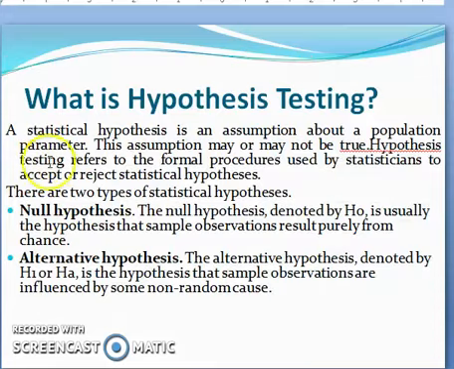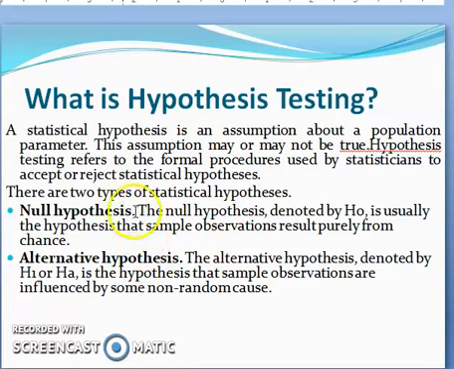Then about the hypothesis. Actually, the hypothesis is an assumption about the population parameter. The assumption may or may not be true. Hypothesis testing refers to the formal procedures used by statisticians to accept or reject a statistical hypothesis. Actually, there are two statistical hypotheses. The first one is null hypothesis, and second is alternative hypothesis.